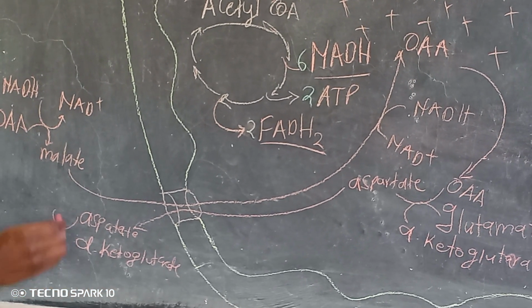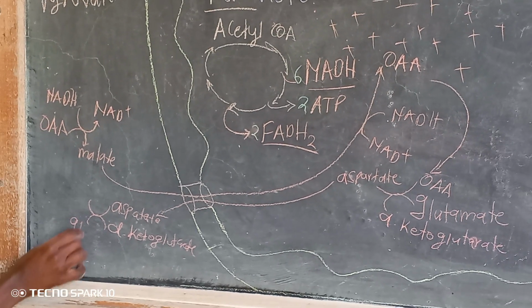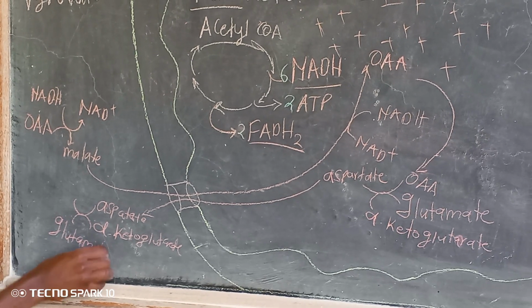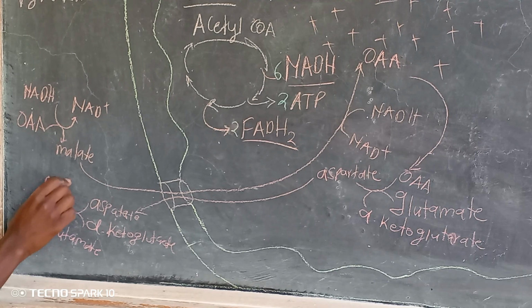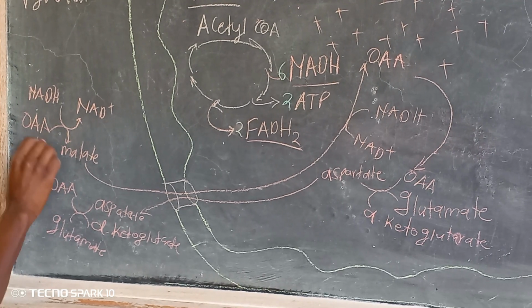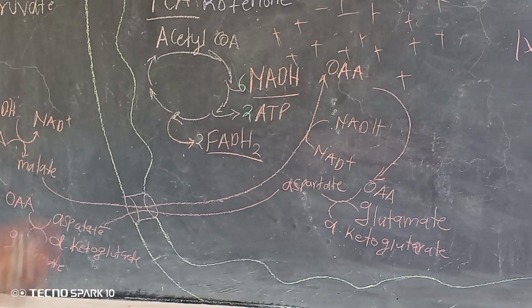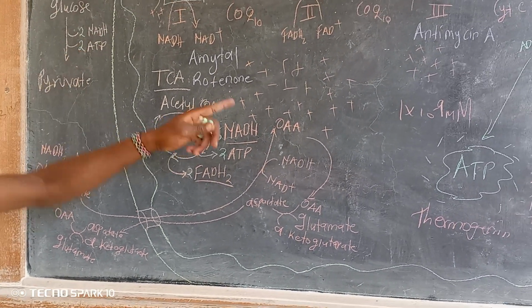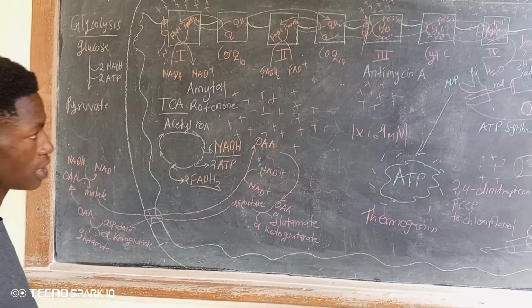When they react, we are going to form glutamate. Alpha ketoglutarate is converted to glutamate, and aspartate is converted to oxaloacetate. Now, we have it here. So this is the mechanism by which the body gets the NADH generated from glycolysis into the mitochondrion so that we can undergo the electron transport chain and generate energy.